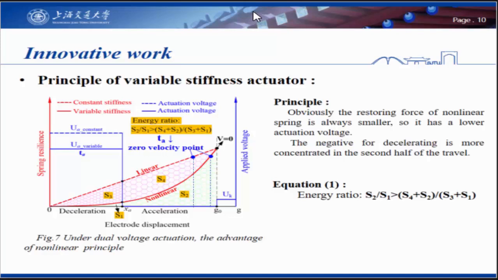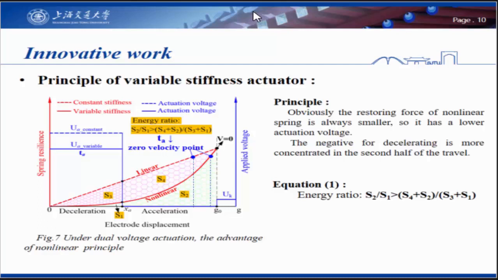Obviously, the restoration force for the nonlinear spring is always smaller, so it has a very low actuation voltage. On the other hand, the nonlinear spring is characterized by a rapid increase in stiffness with displacement, which means that the negative work done by the nonlinear spring for deceleration is more concentrated in the second half of the travel.